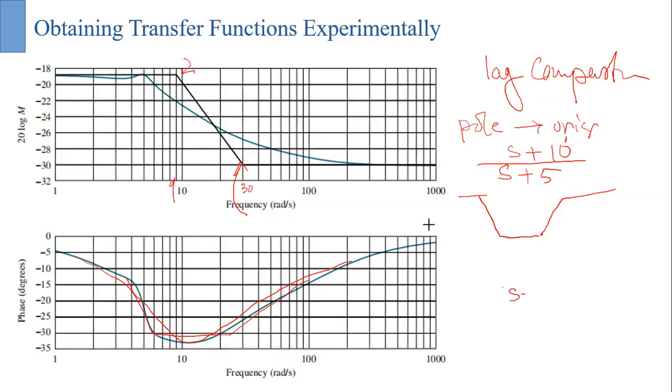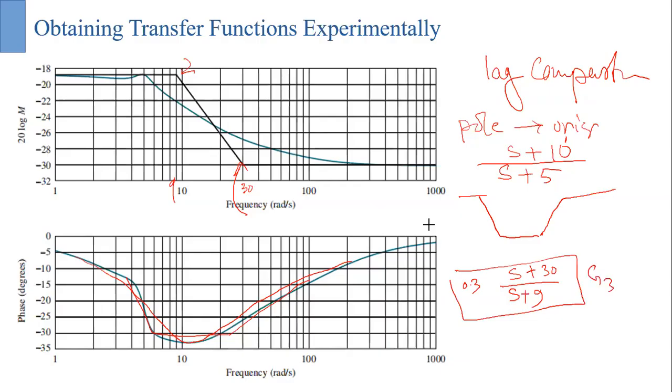So s plus 9 and s plus 30. The magnitude again has to be normalized, and I think it is approximately 0.3 if you take common, 0.303, something like this will be happening. So we figure out the three functions.